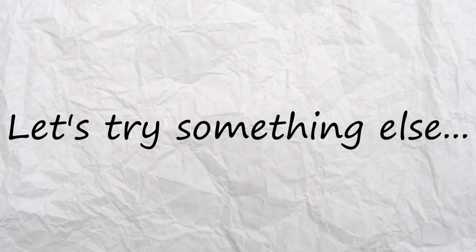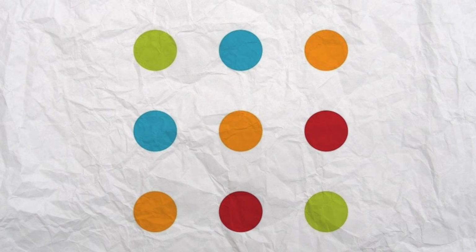Let's try something else. Starting with a perfect grid, we can add a small random offset to each sample.